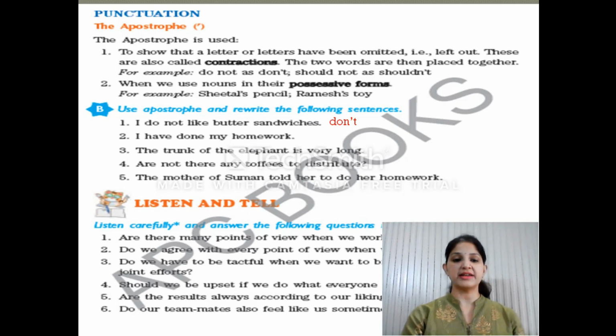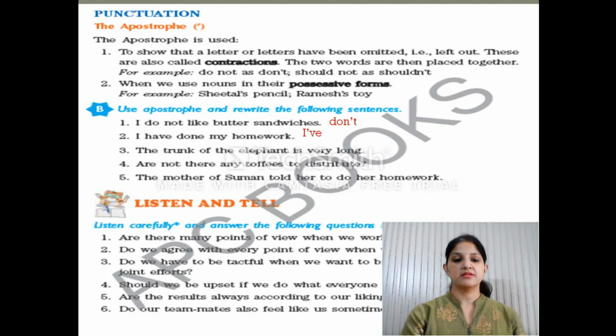Okay. Now the second sentence is I have done my homework. Which two words can we contract over here? To make it a single word, you have to omit two alphabets from here, H and A, and it will be written like this, I, apostrophe, V, E.